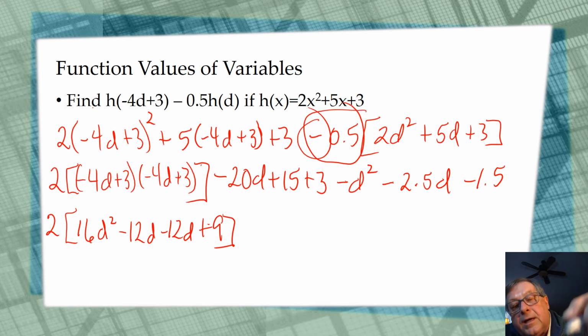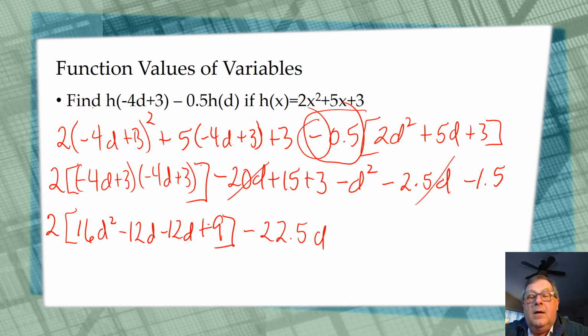Well, I could combine the negative 20d. Yeah, let's go ahead and do that. Negative 22.5d. Canceling that, knocking that out, okay? And 15 plus 3 is 18 minus 1.5.